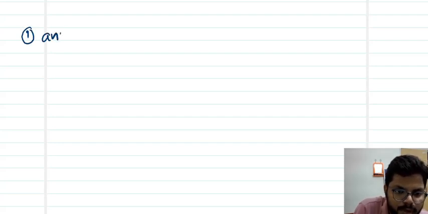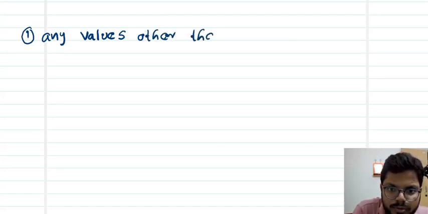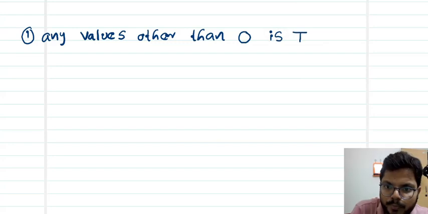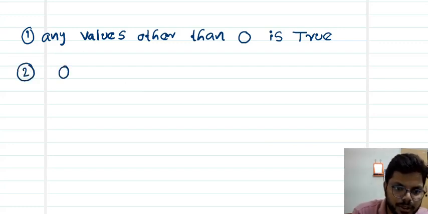Any value other than 0 is true. It can be any value other than 0 that is true. Second, 0 indicates false.